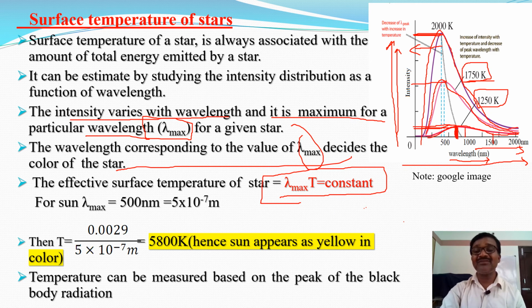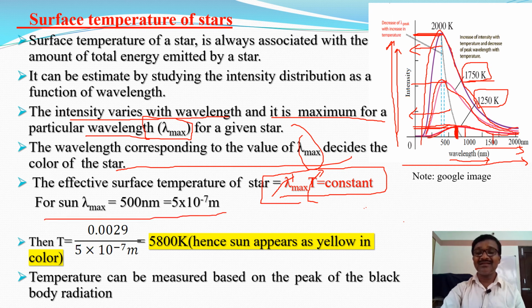The statement of Wien's displacement law is that the most intense radiation emitted by the star is inversely proportional to the temperature. As the temperature increases, the lambda maximum shifts towards the smaller wavelength.